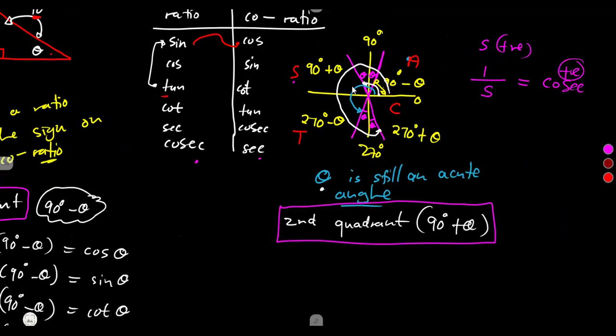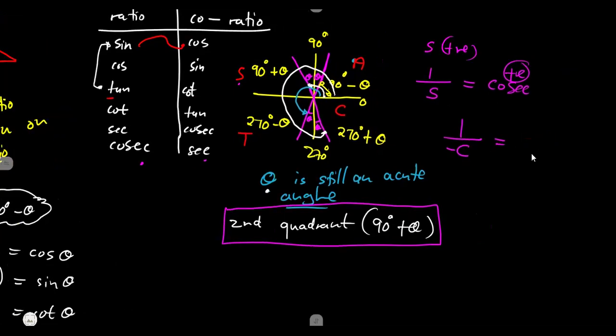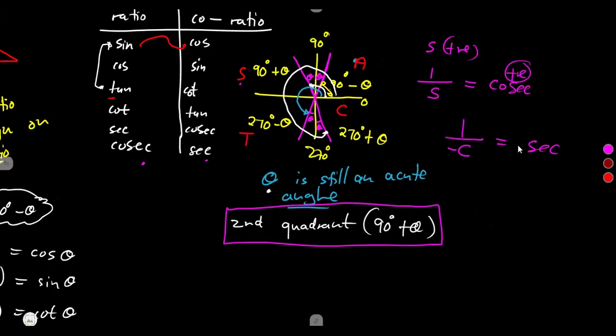The rest are negative. If cos is negative, then 1 over cos, which gives us sec, must be negative. If we say 1 over tan, it gives us cot, but in this quadrant it's negative. So it will be minus cot of whatever we have.